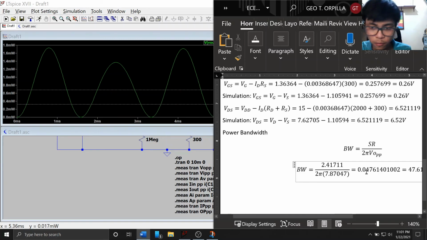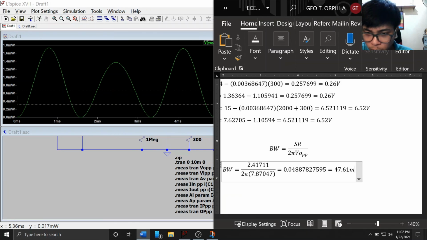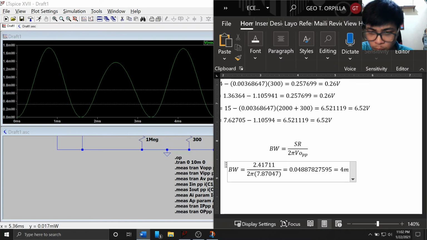So 2.4711 over 257.87047 is equal to 0.0488782795, or 48.8988 milli.